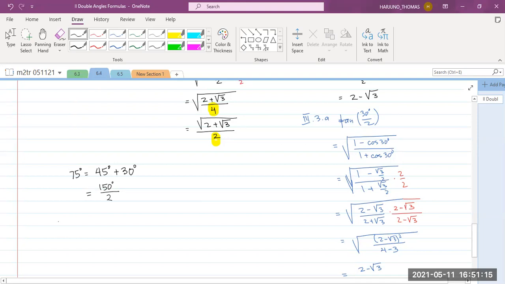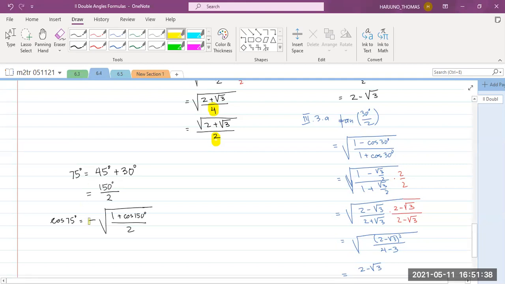So suppose I want to know what is, let's say, cosine 75 degrees. Cosine 75 degrees is in quadrant 1, so it has to be positive, and then square root of 1 plus cosine 150 degrees over 2.